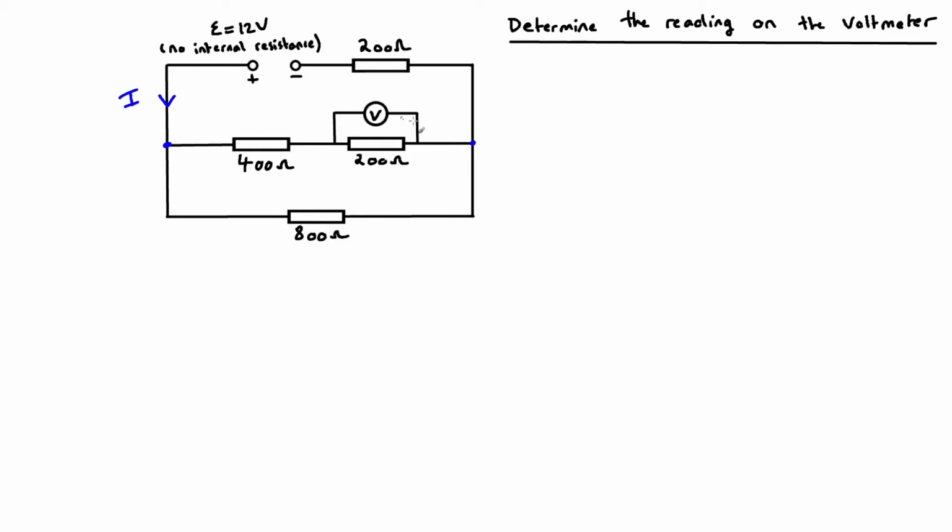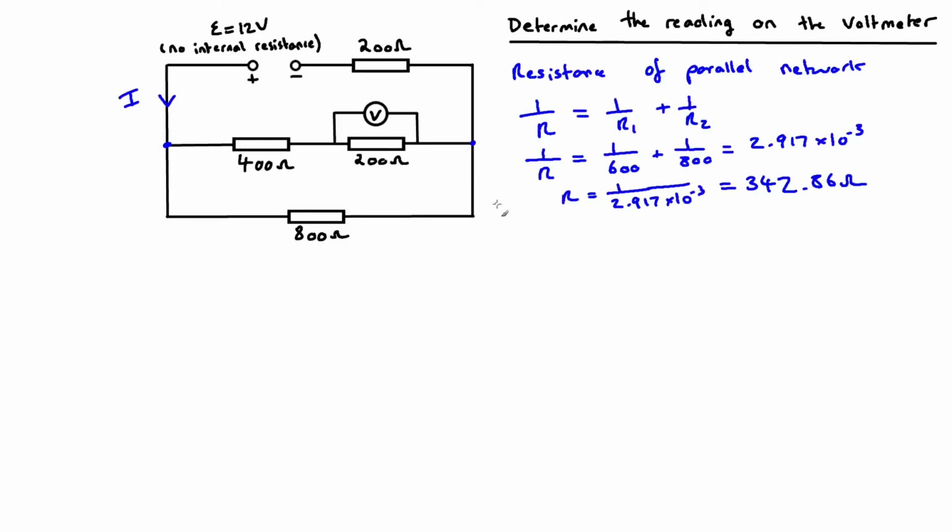So what we can do then is work out the effective resistance of this parallel network using the formula for resistors in parallel. Using our parallel resistor formula, 1 over the parallel resistance is 1 over the resistance of the top branch plus 1 over the resistance of the bottom branch.